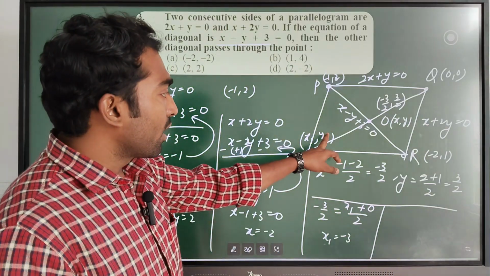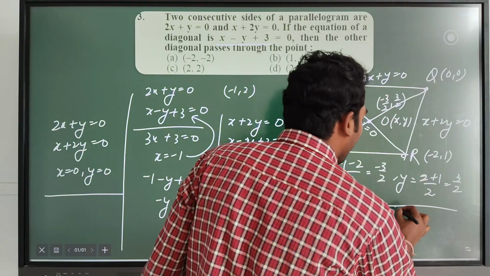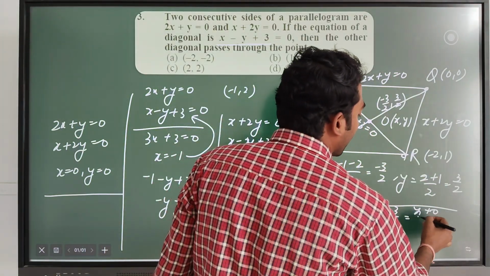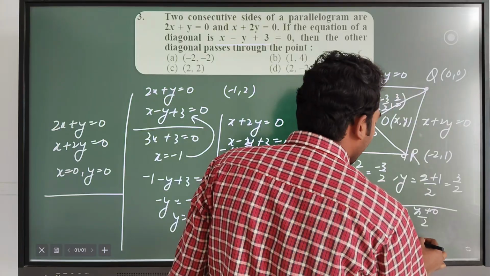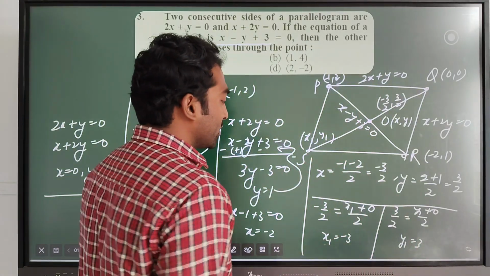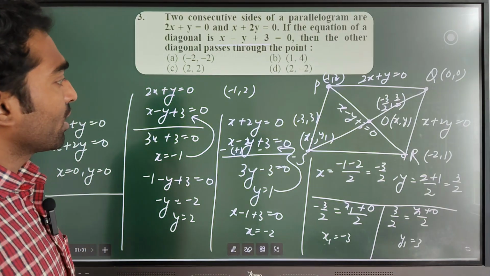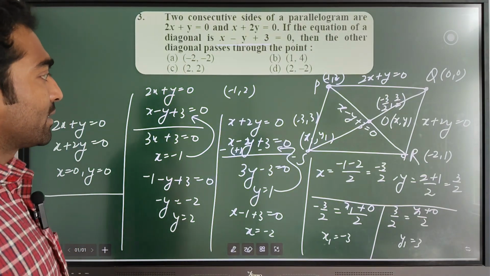Similarly, 3 by 2 is equal to y1 plus 0 by 2, which means y1 is equal to 3. So the coordinate of S will be minus 3 comma 3, which means the other diagonal is passing through it.